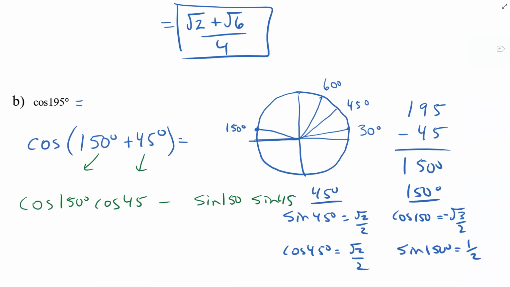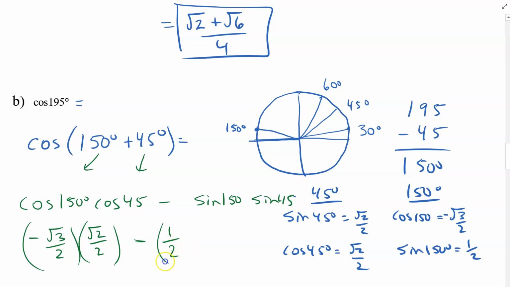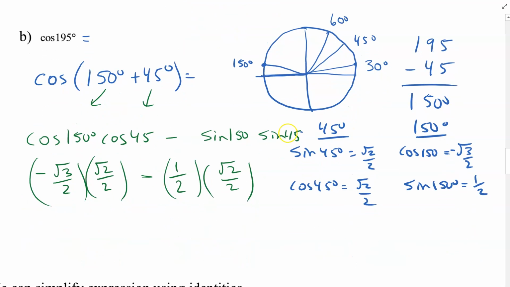Okay, now let's figure this out. The cos of 150 degrees, the one I figured out, was negative root 3 over 2, times the cos of 45 degrees, which is root 2 over 2, minus the sine of 150, which is 1 over 2, times the sine of 45, which is root 2 over 2. Let's multiply these together. Now I have negative root 3 times root 2.